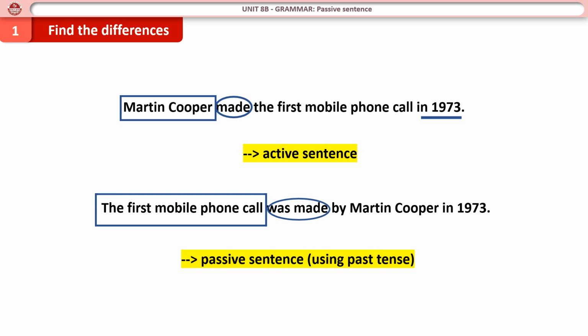And because the time is in the past, we should use past tense passive voice for the second sentence. So to conclude, passive voice would be sentences that use an object or things as the subject.